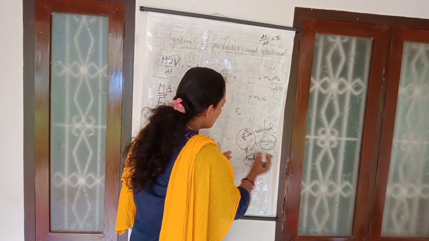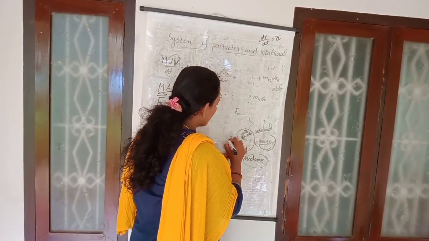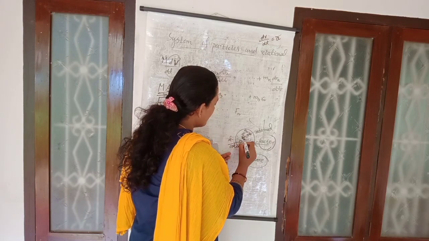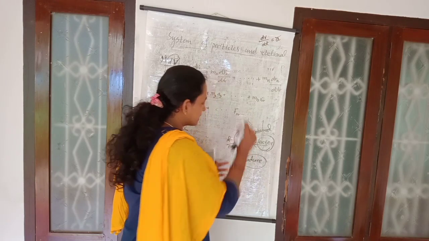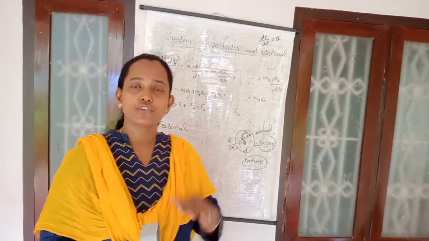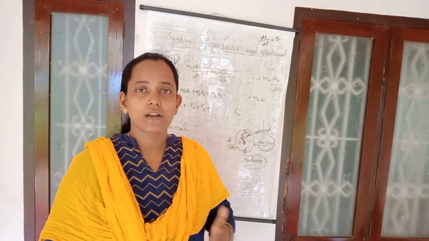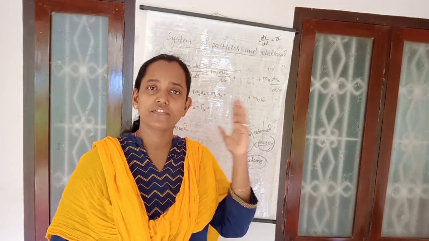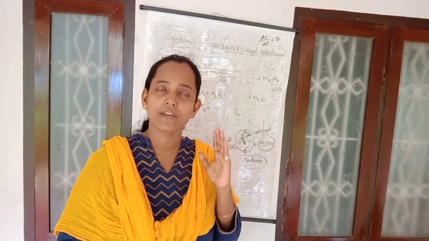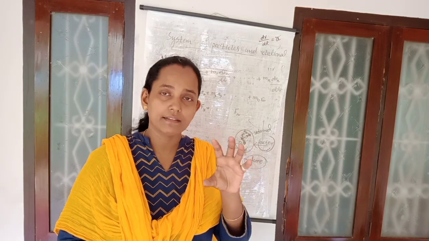We just want to consider the external force acting on that system, that means on the center of mass of that system. Therefore, in order to study the rotational or the translational motion of a rigid body or a system of n number of particles, no need to be bothered about the internal forces acting in that system.